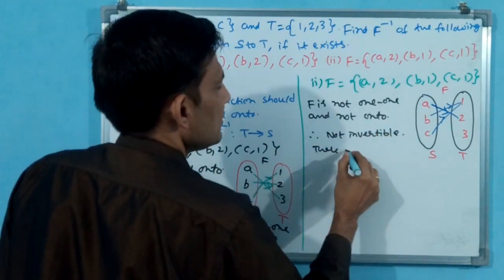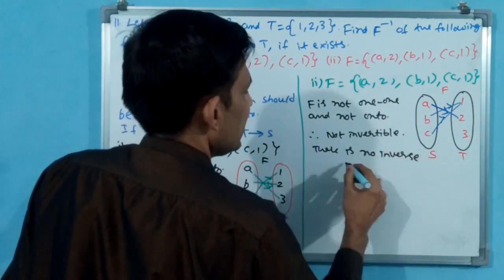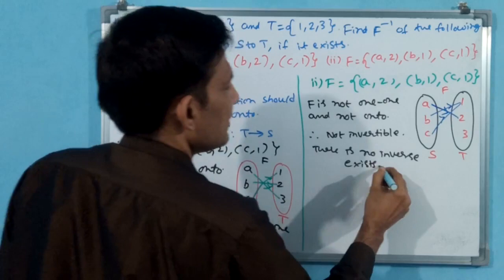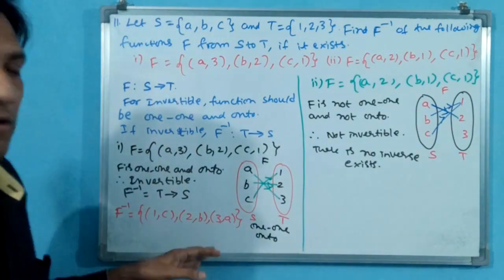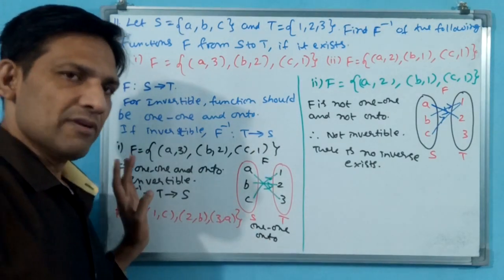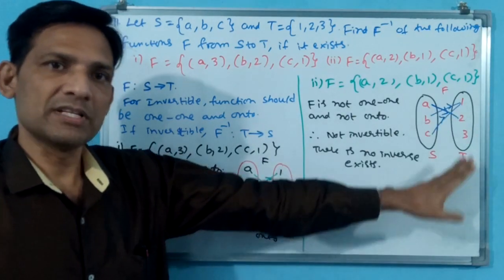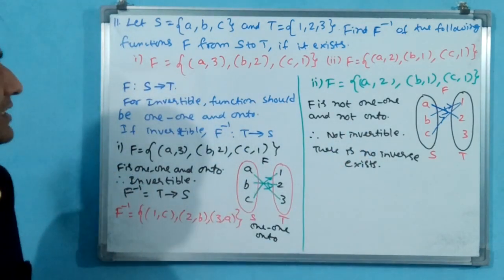There is no inverse. You understand now? Why? Because this is not one-one. Here one-one and onto, that is why we have made inverse. Here not one-one and onto, that is why we cannot make inverse. Not invertible, no inverse exists.